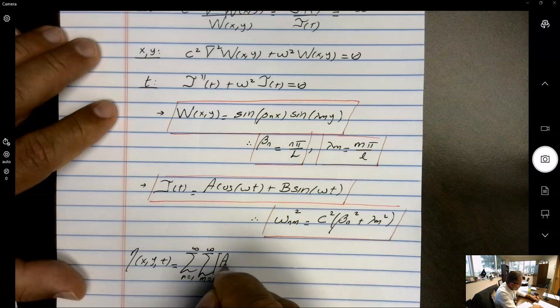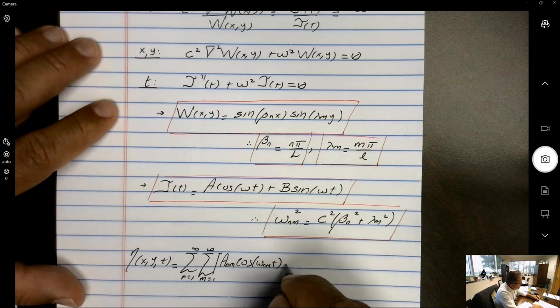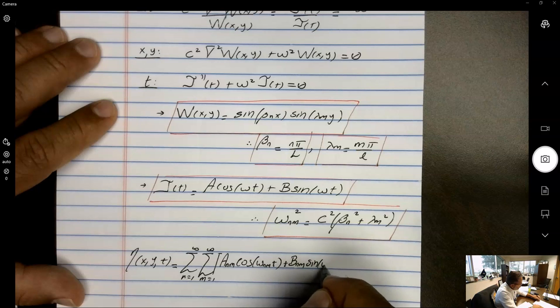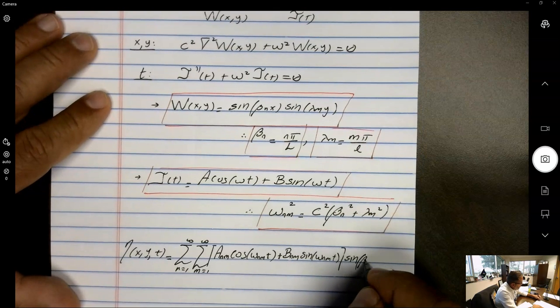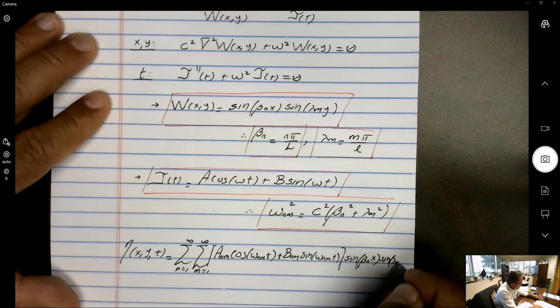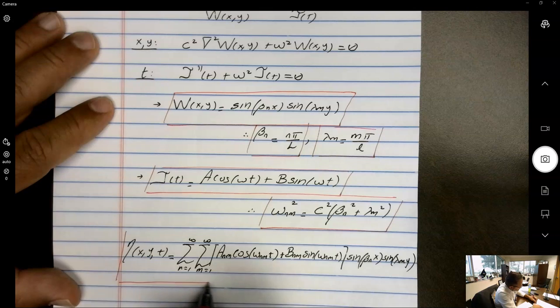Now we have two constants of integration, a nm cosine omega nm t plus b nm times the sine of omega nm t, times the sine of beta n x times the sine of lambda m y. And this right here is the general solution.